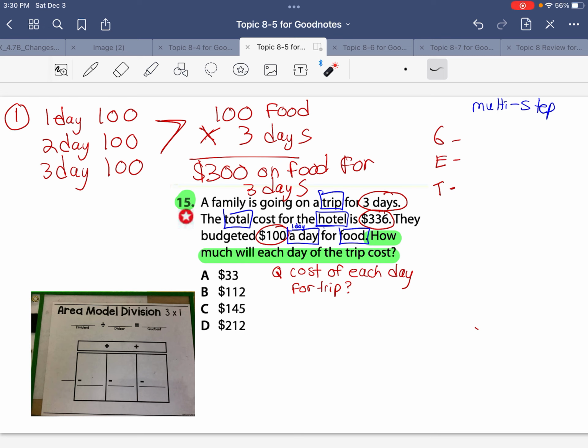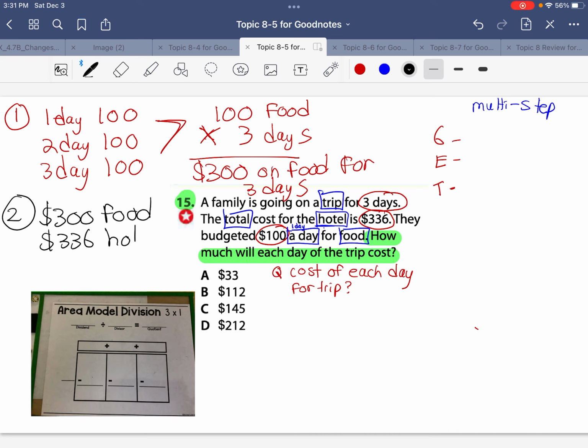That was my first step. So now I have 2 totals. I have the total for the hotel and the new total for the food. So my second step is I'm going to add both those totals because I just need one total. So I have 300 for the food, and then I have 336 for the hotel.